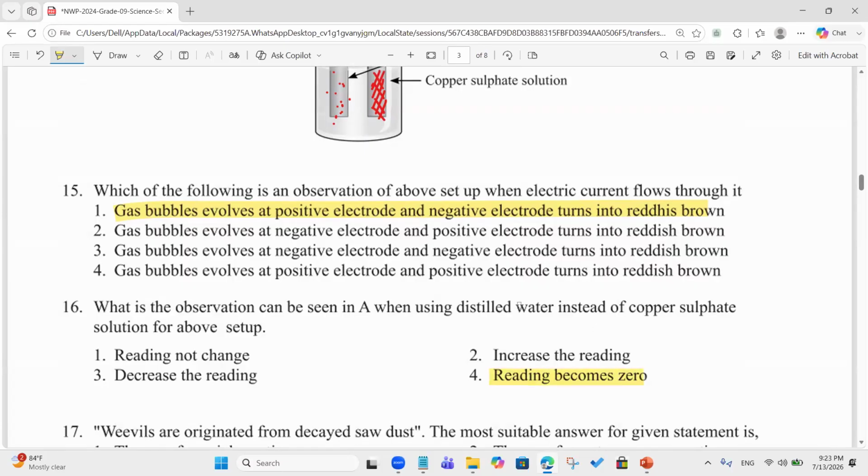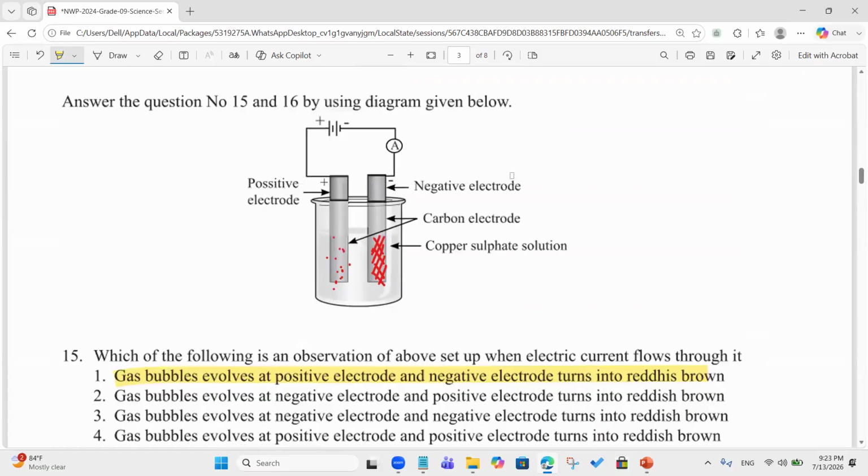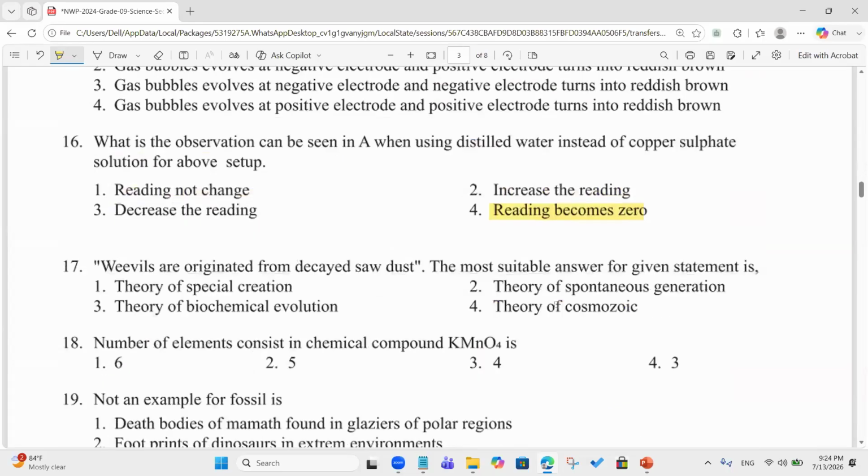Can you tell me the reason why the reading becomes zero here? Because distilled water is a non-electrolyte. That means it's not conducting electricity. Normally electrolytes, the liquids or solutions which conduct electricity, show some changes when electricity is passed through them, but non-electrolytes do not. Right? So the answer is this.